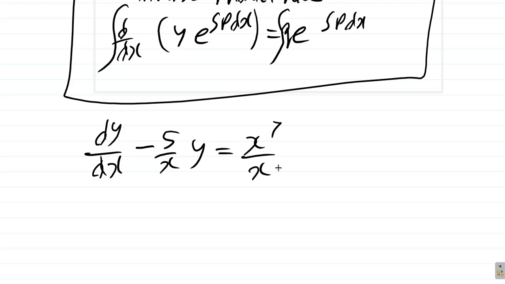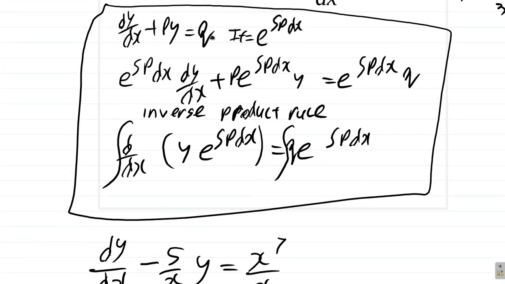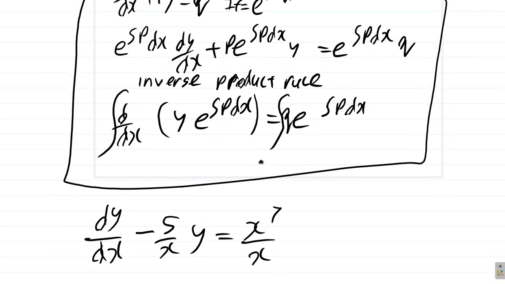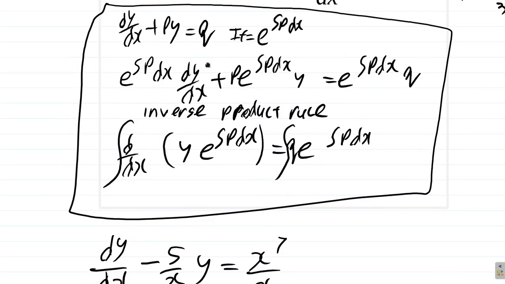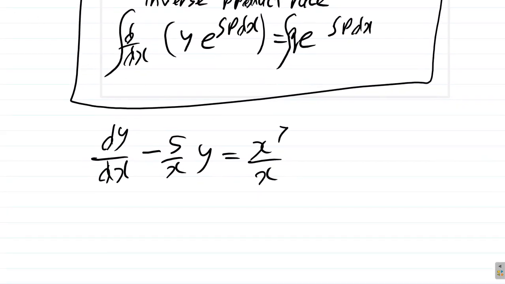Alright? Now, you can see here that P, when we match it with the general formula, is negative 5 over x, and Q is, well, x to the 7 over x will be x to the 6. Alright? Going to work out as x to the 6.